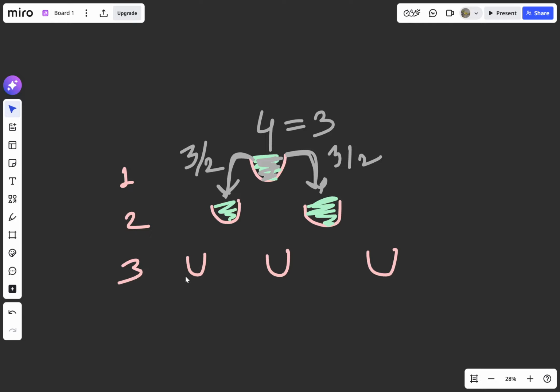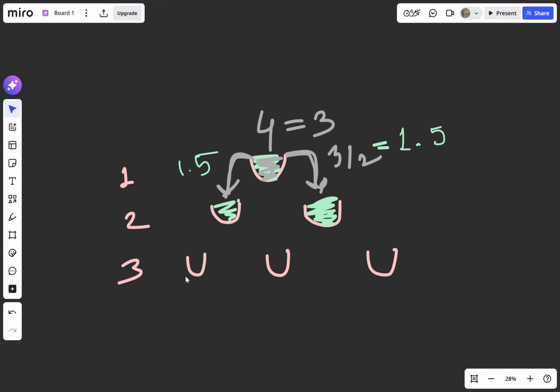The amount distributed is determined when this glass is full; only then will it pour into its next ones. So 3 by 2 equals 1.5, and this will also be 1.5. We can write it as 1.5.